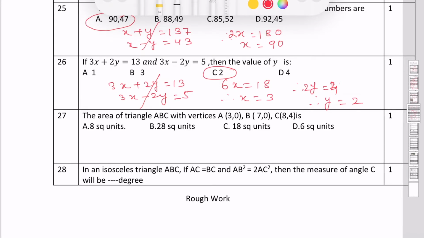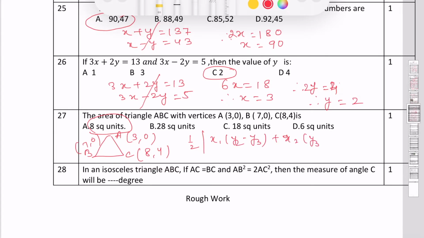Area of triangle: if you find it using the formula for A, B, C, we are getting 8 square units using the formula half x1 (y2 minus y3) plus x2 (y3 minus y1) plus x3 (y1 minus y2).